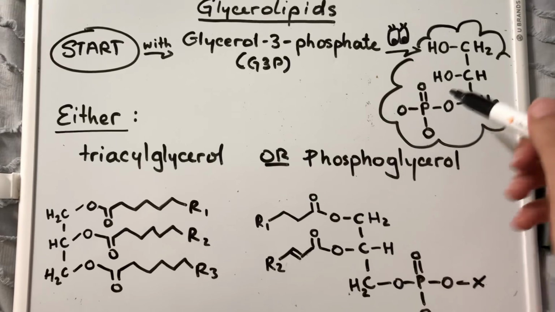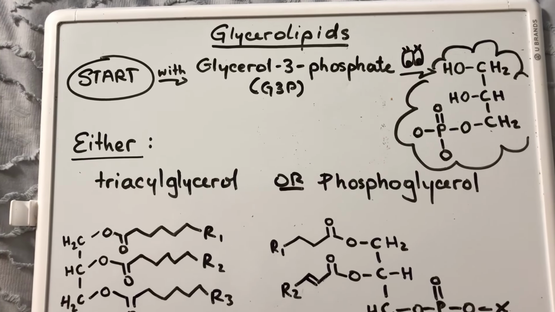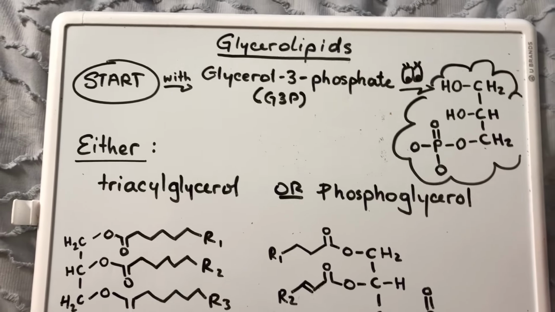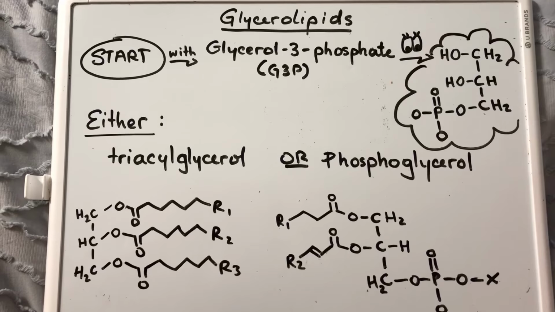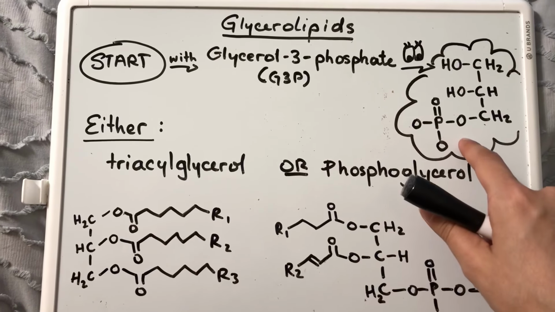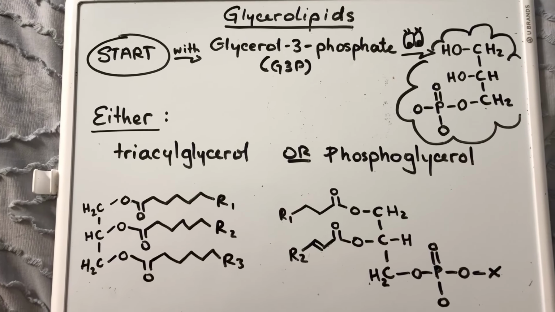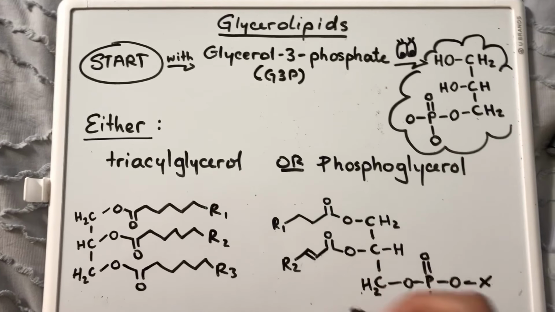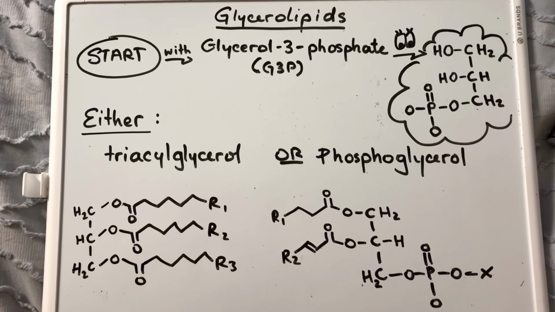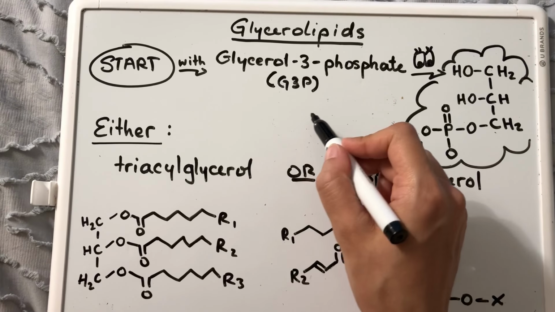Glycerol 3-phosphate could be made in a few ways. So in the liver, glycerol is directly phosphorylated in order to create glycerol 3-phosphate. And everywhere else, it must be made from dihydroxyacetone phosphate, which looks like this guy here.